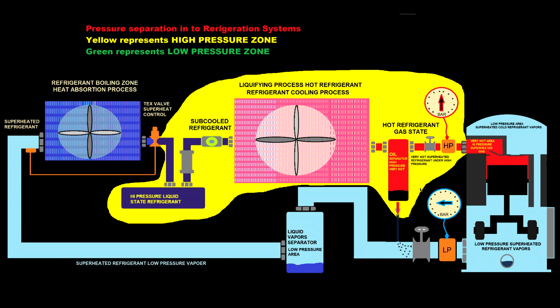Come back again to this picture. I come back to this yellow mark. That's the highest pressure side, and the higher pressure side is in between the compressor discharge and the thermostatic expansion valve.